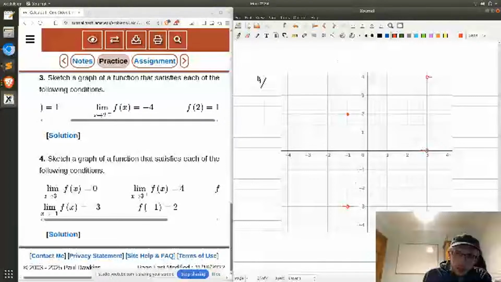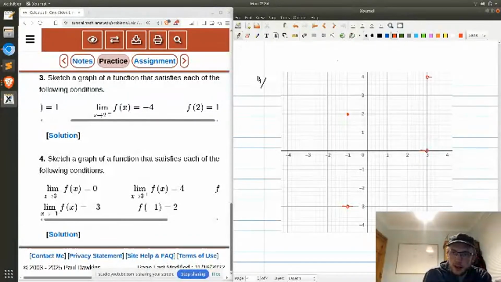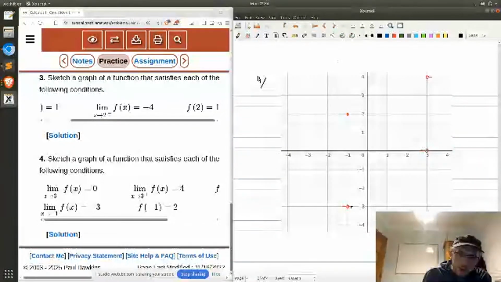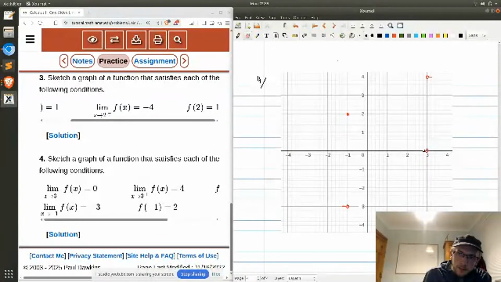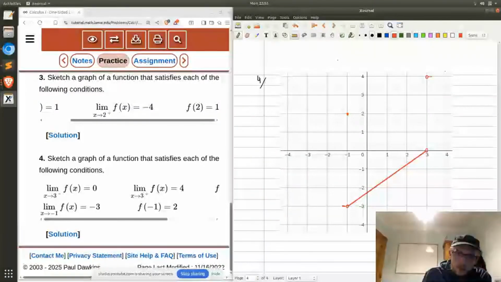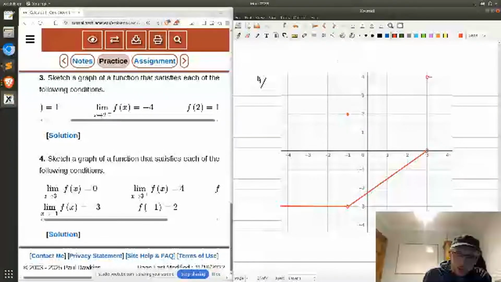Now, how to connect everything. So I'm going to connect that to that. Linear. Straight line. And then that can just go, and that can go like that.